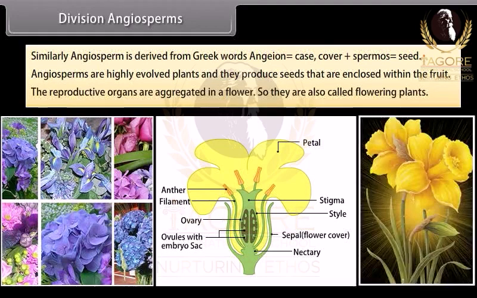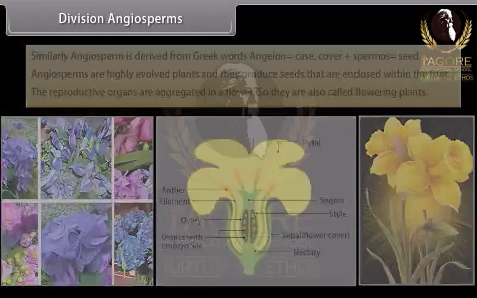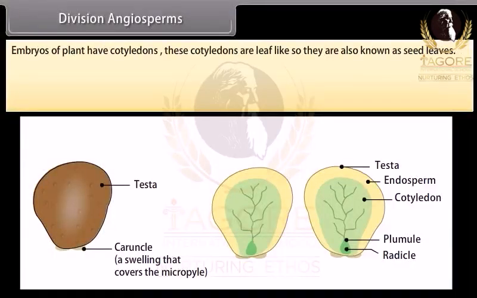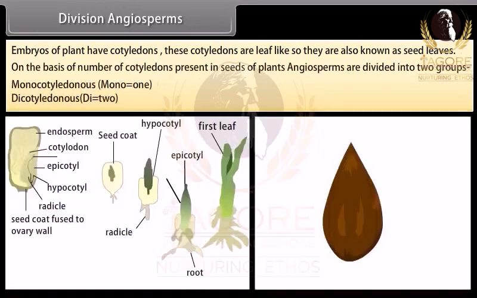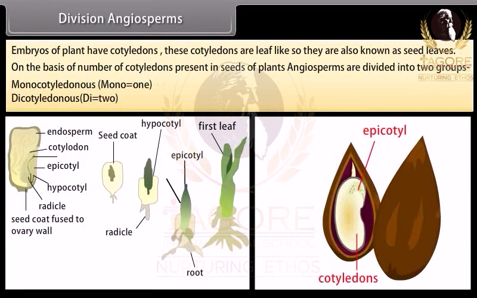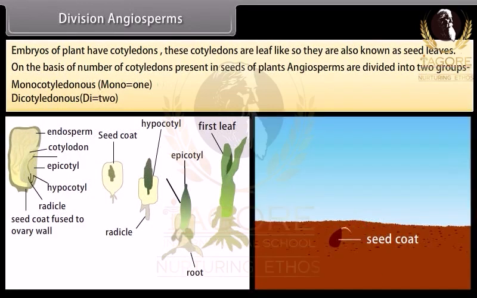The reproductive organs are aggregated in a flower, so they are also called flowering plants. Embryos of plants have cotyledons. These cotyledons are leaf-like, so they are also known as seed leaves. On the basis of the number of cotyledons present in the seeds of plants, angiosperms are divided into two groups.